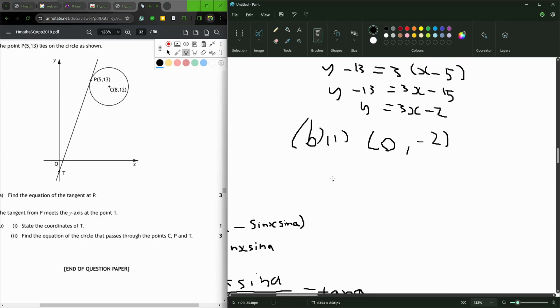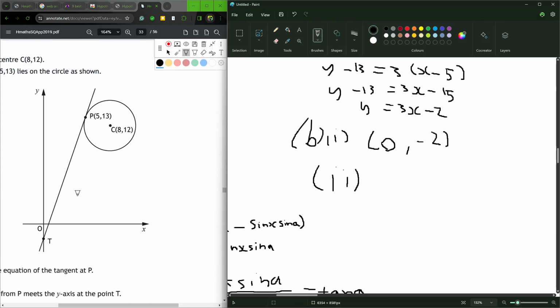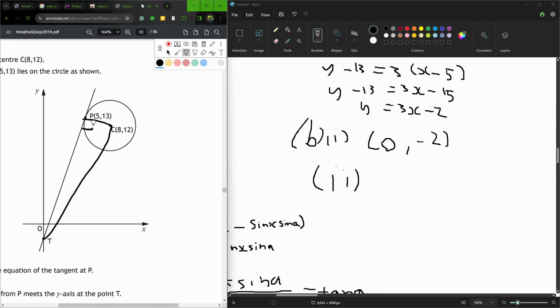And then find the equation of the circle that passes through the points C, P, and T. So this one has tricked me quite a few times now, I'm embarrassed to admit. But essentially, we're going to join all these up as a triangle. And you're going to notice that this angle here is 90 degrees.